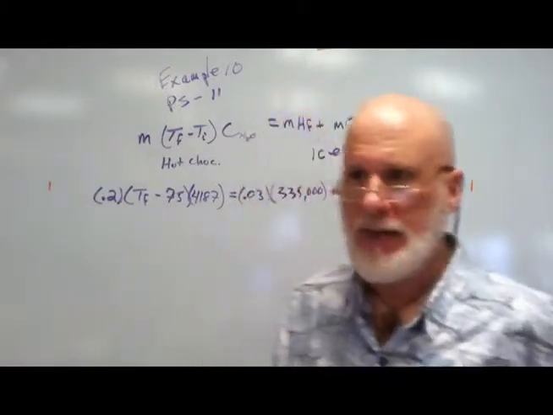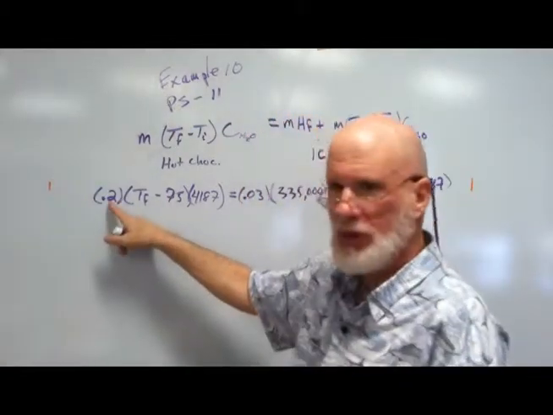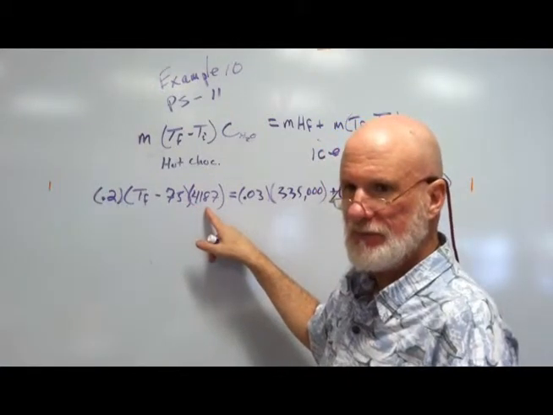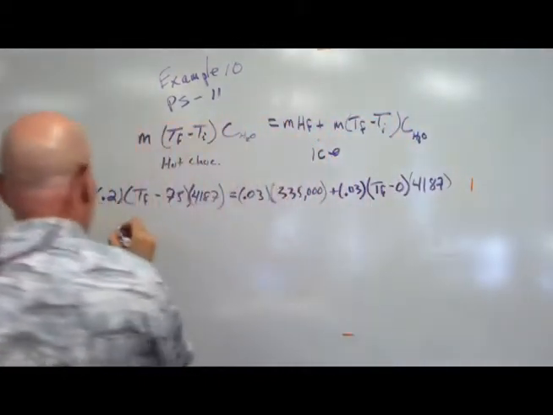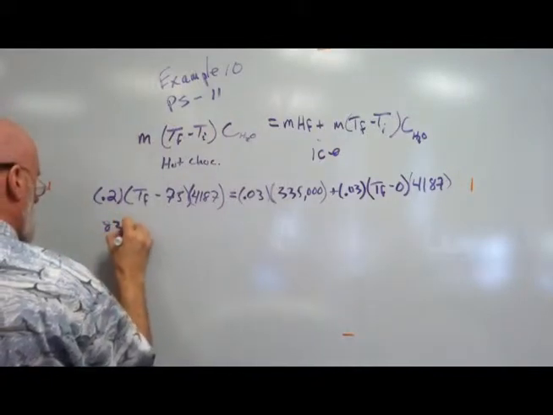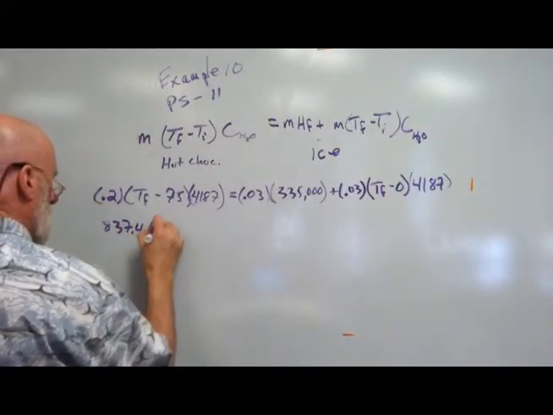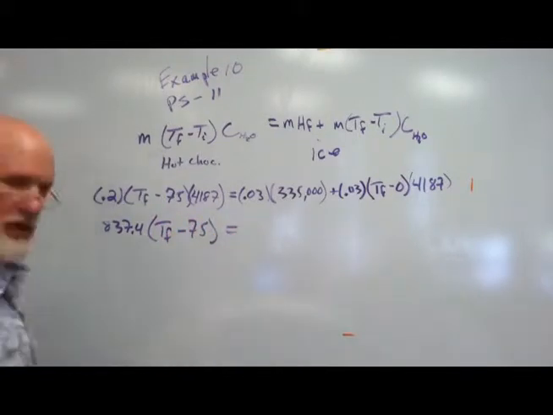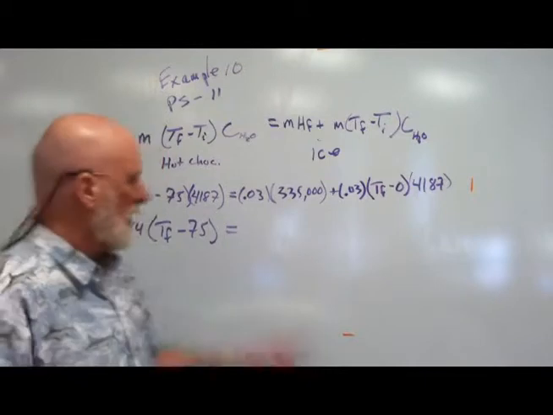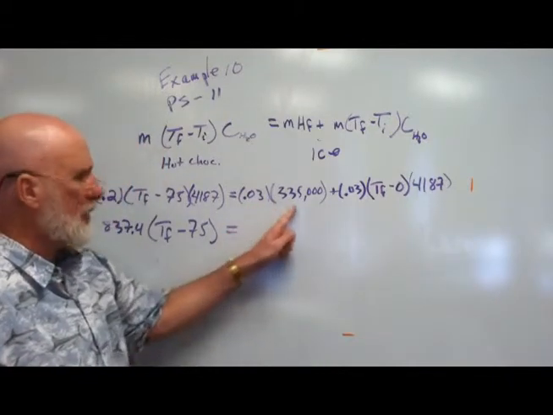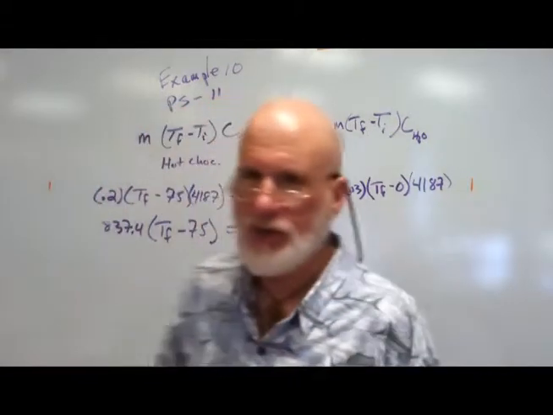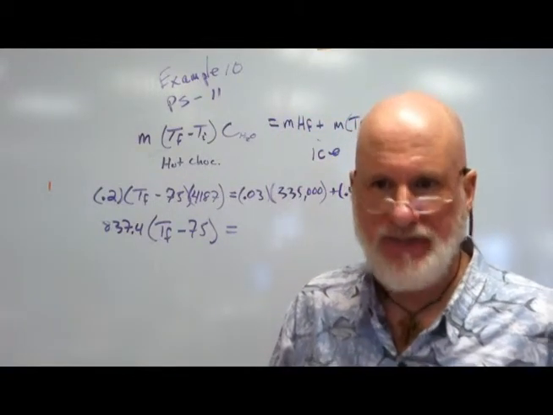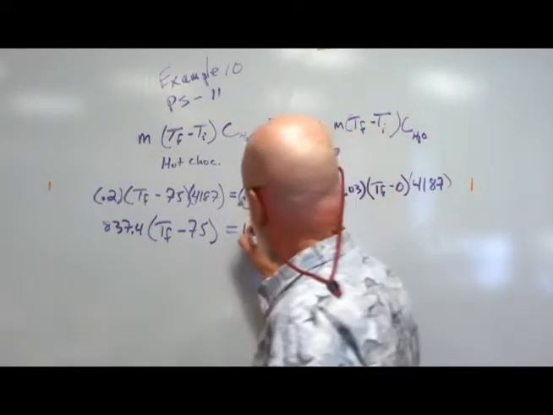Now let's get rid of some of this stuff, okay? I need you to help me out here. So what's 0.2 times 4,187? 837.4. So 837.4 TF minus 75. So far so good? Okay, what is 0.03 times 335,000? 10,050.